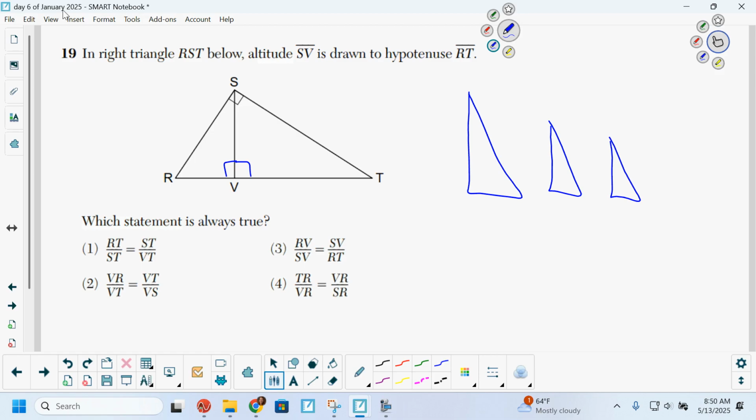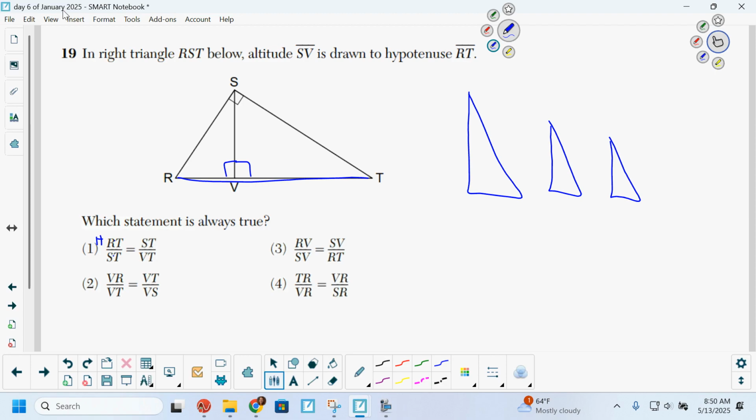So if you try to put the letters in the right spot, I find it to be really, really complicated. So the way I like to do this problem is I like to just keep track and label as I go through the answers. Let's look at number 1. It wants me to look at RT over ST. RT is here, and that means that would be the hypotenuse in the big triangle.